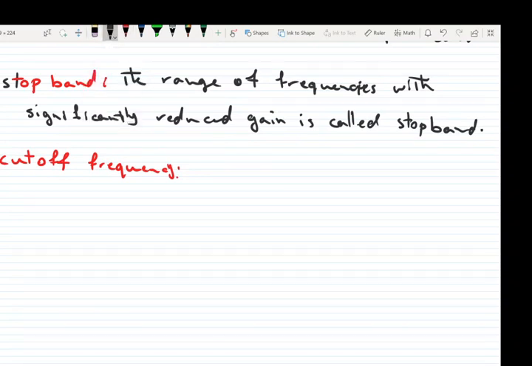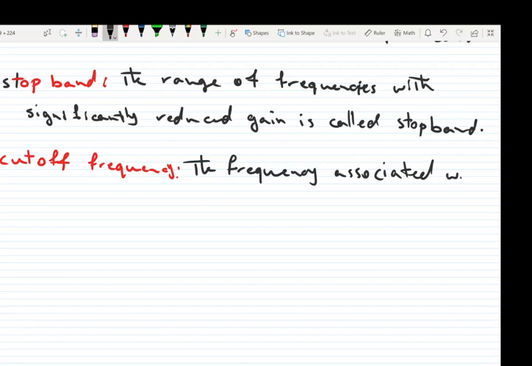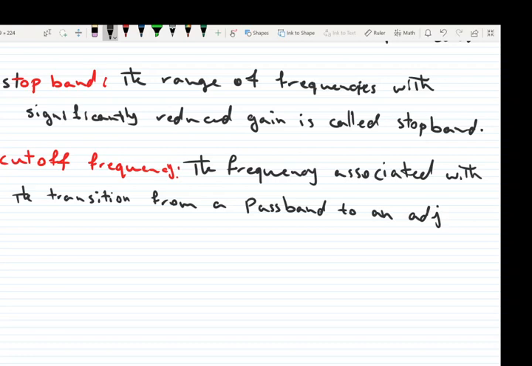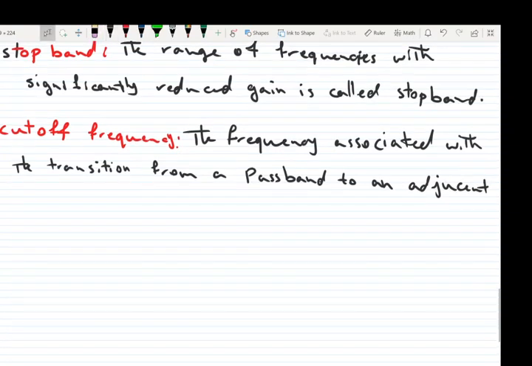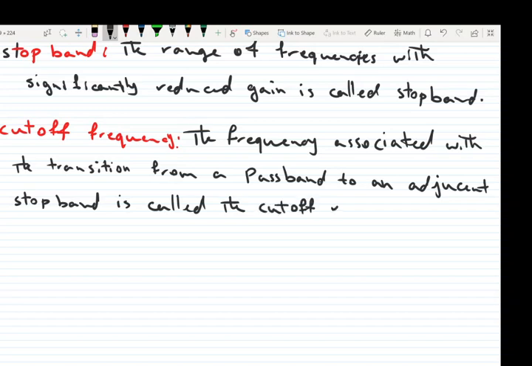We can say the frequency associated with the transition from a passband to an adjacent stop band is called the cutoff frequency.